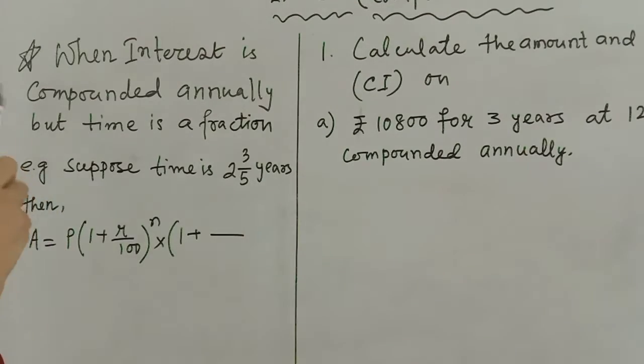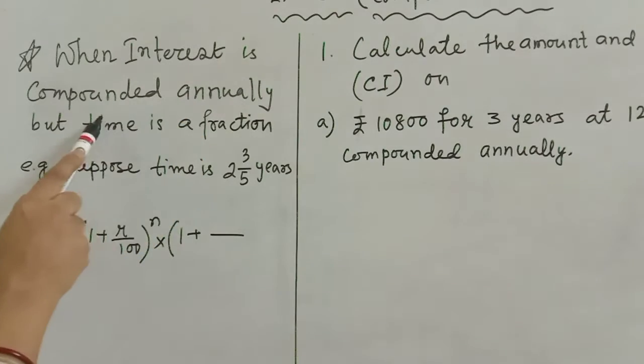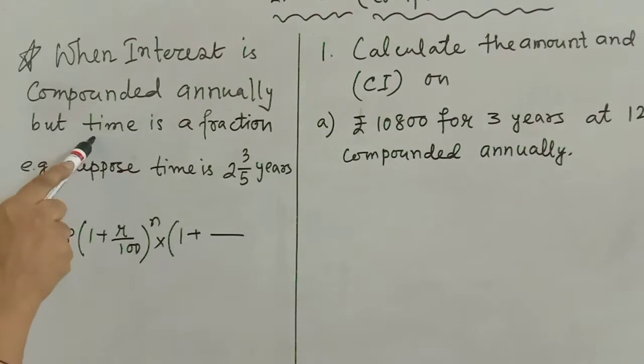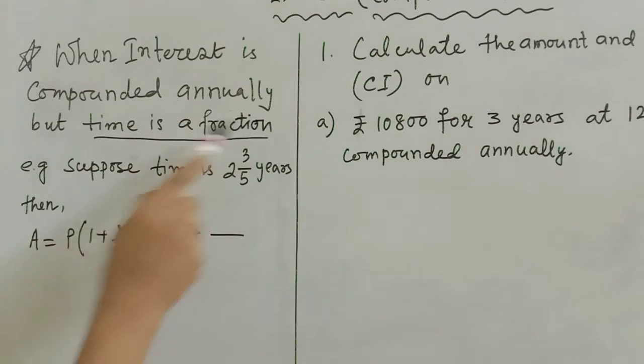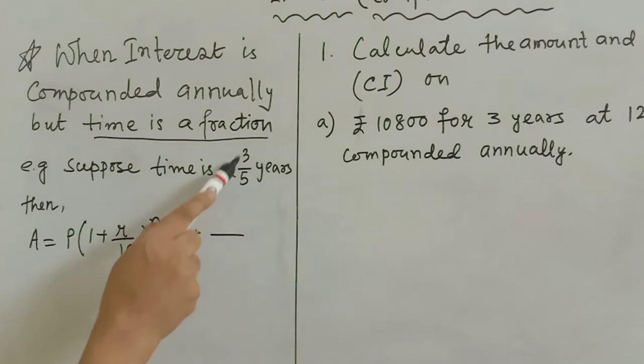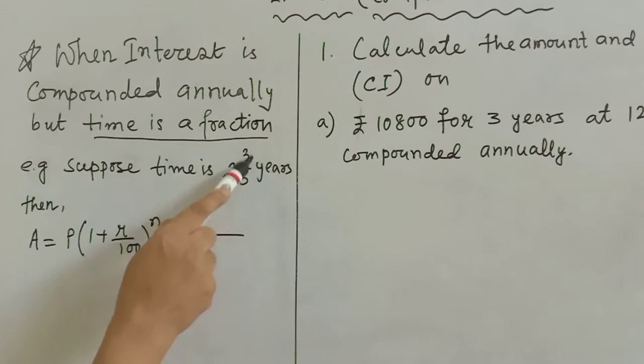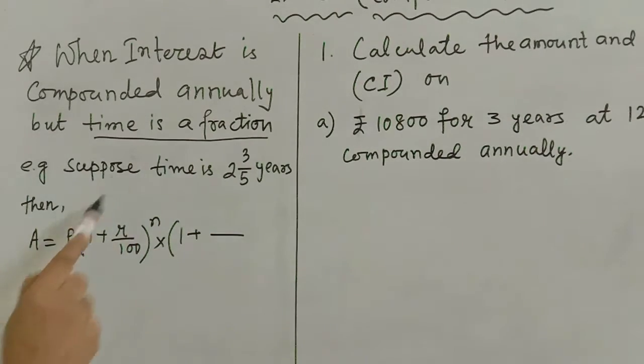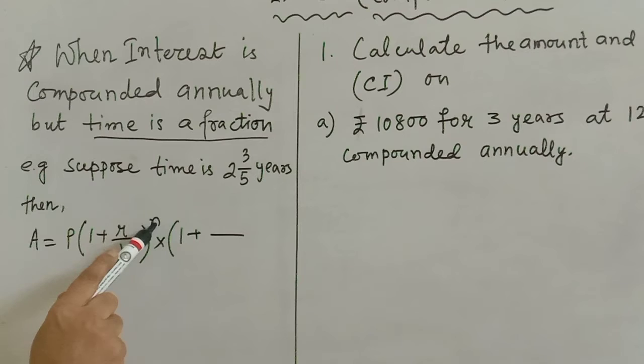Another type is when interest is compounded annually but the time is a fraction. For example, suppose time is 3 by 5 years. With this kind of fractional time, how do we find the amount when it is compounded annually? Amount is equal to P into 1 plus R by 100 whole to the power n, the same as in the previous formula.